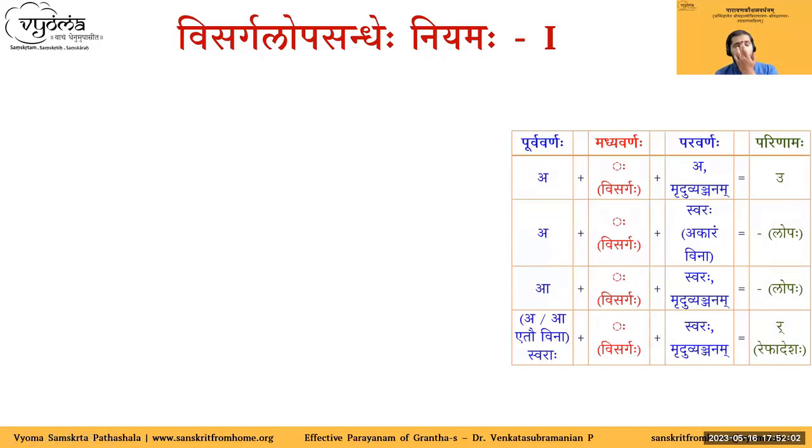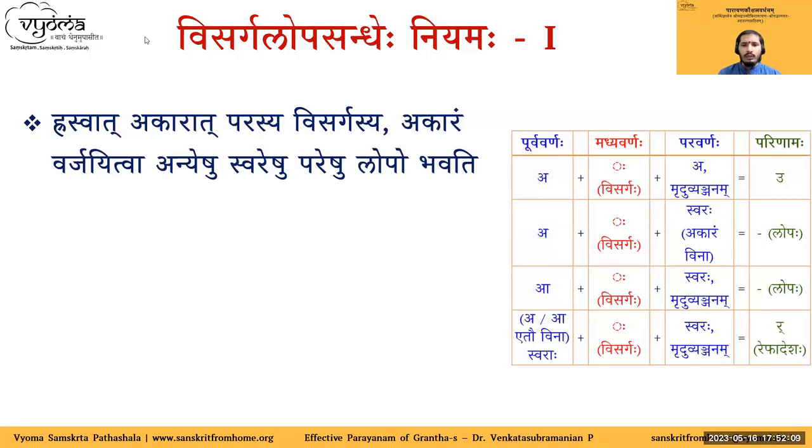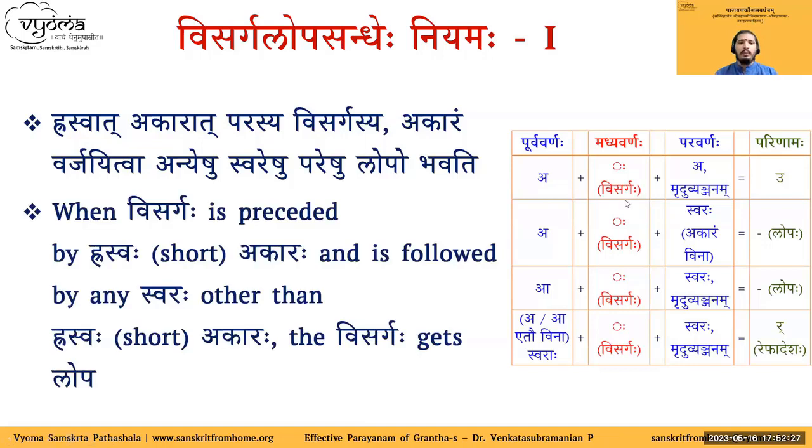One is regarding Puravarna being akara, the other being Puravarna not akara. The first rule states: hrasvat akarat parasya visargasya akaram varjayitva anyeshu svareshu parayeshu lopah bhavati. When visarga is preceded by hrasva akara and is followed by any swara other than hrasva akara, then visarga gets lopa, that is, visarga gets deleted.